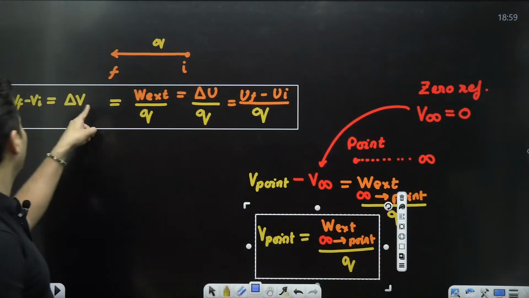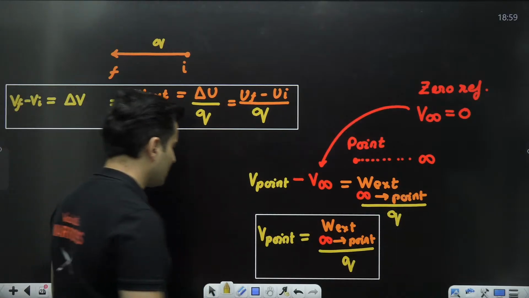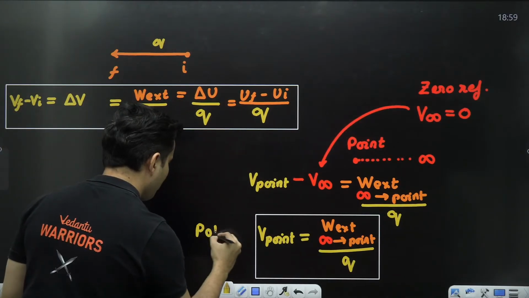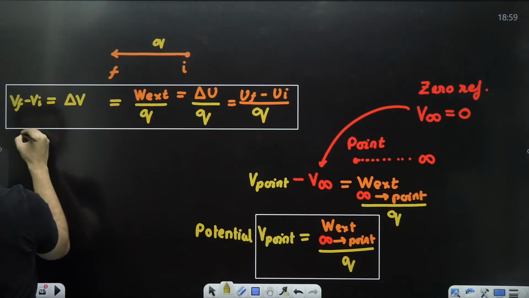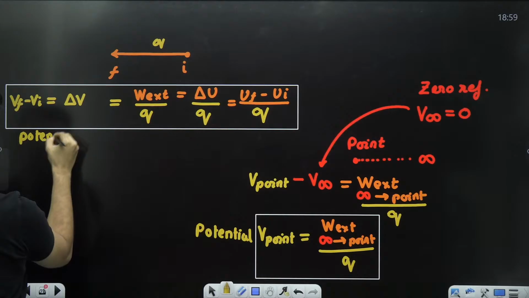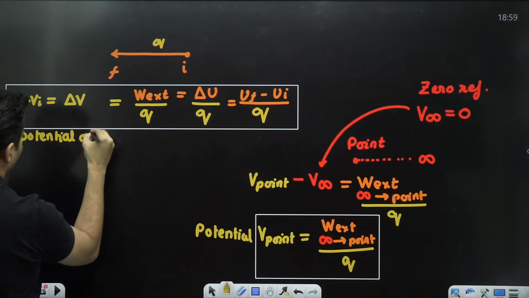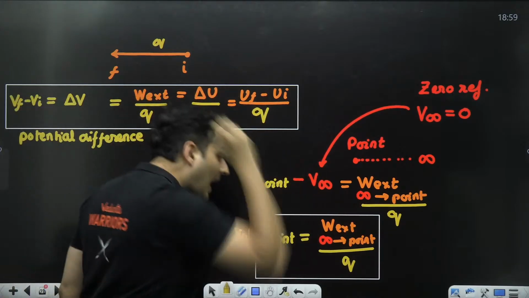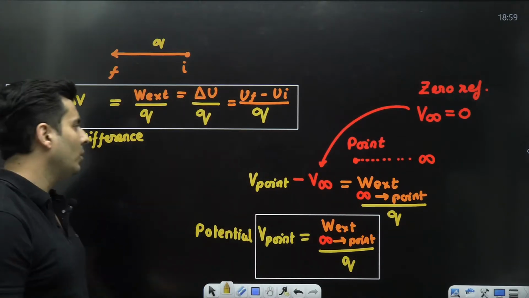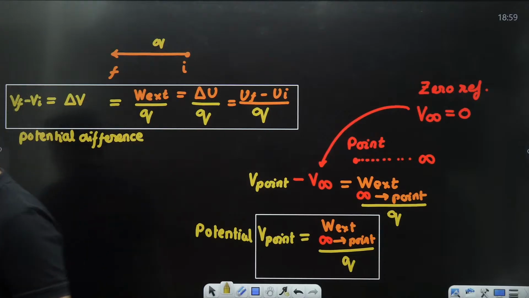This was potential difference. This was potential. Potential difference can be between any 2 points. Potential is at a point with respect to infinity. Getting it, everyone?